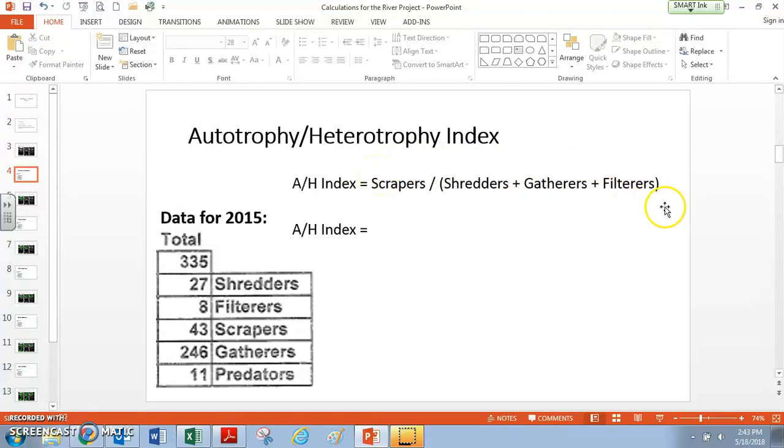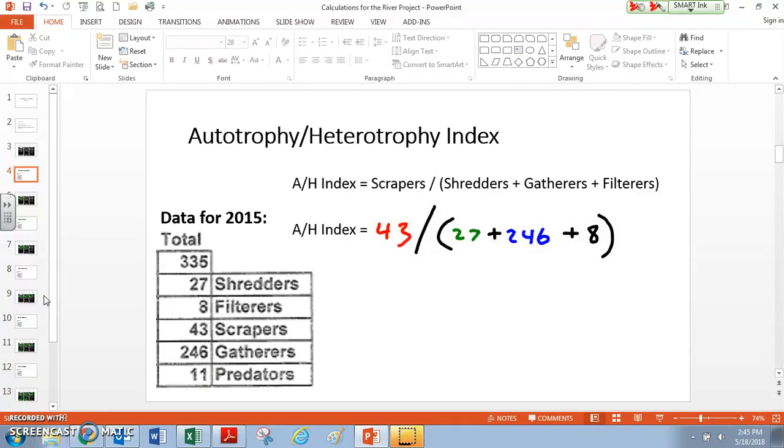I'm going to write this up here so we can figure out what numbers we would use. Our scrapers are down there, shredders are here, then gatherers, and then filterers. I'm writing that up so you can see what the equation would actually look like. Here's what I did.